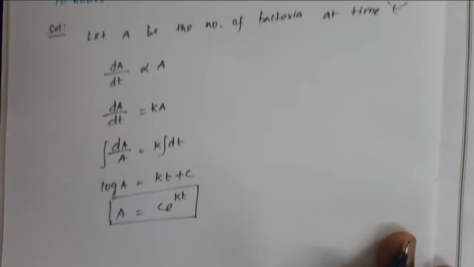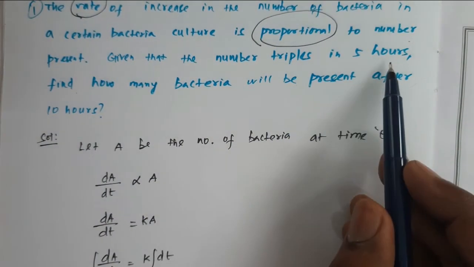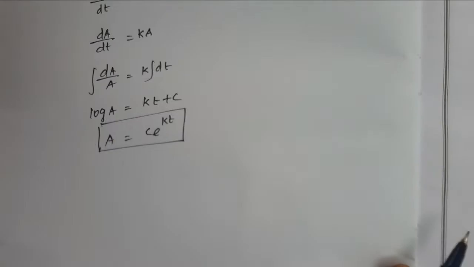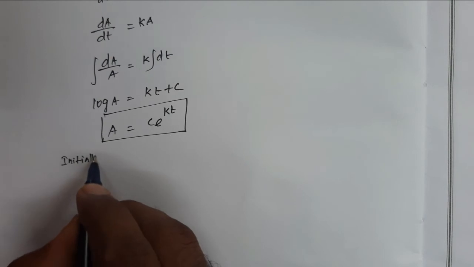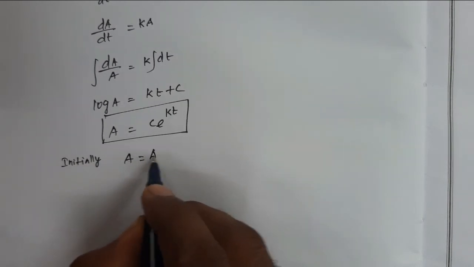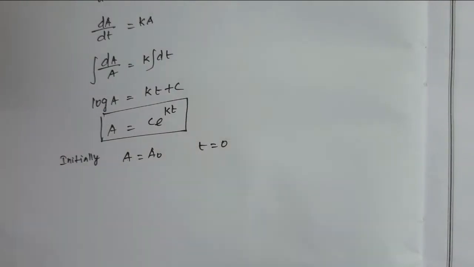Now, the first information: the number triples in 5 hours. Initially we don't know the number, so we take it as A naught. Initially A is equal to A naught, at initial time t equal to 0.